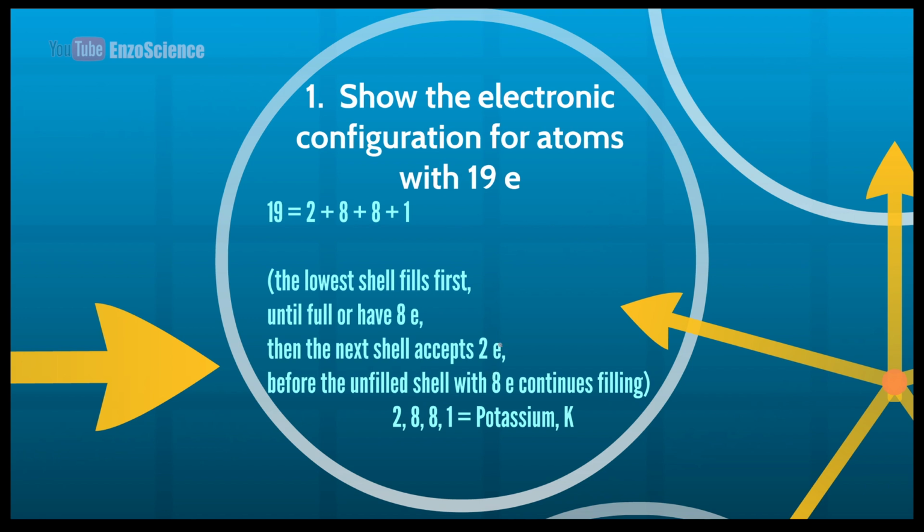Because we have 19 electrons in total, currently we only have 1 electron left. According to rule 2 of the Bohr diagram, the last electron should be accepted by the next shell. So there are 4 occupied shells, and this element is potassium. Like what I said, I allocate the last electron to the fourth shell.